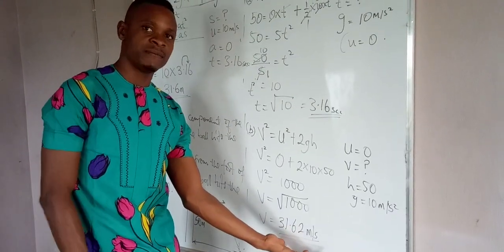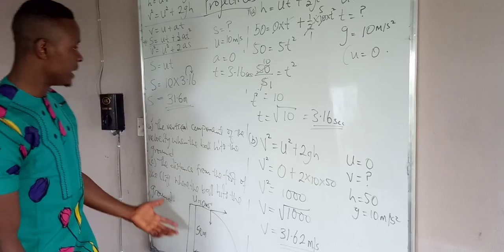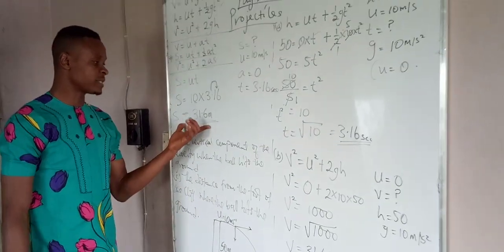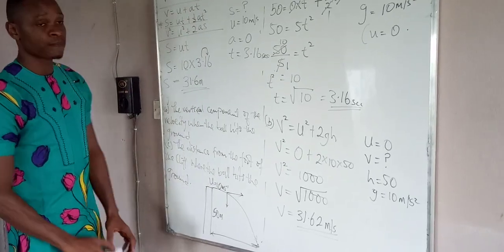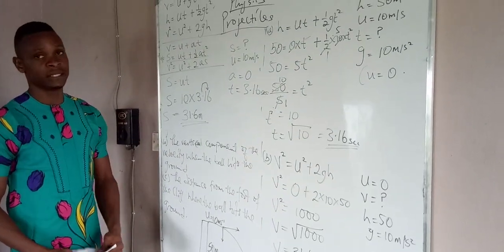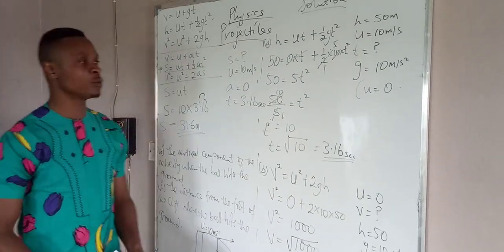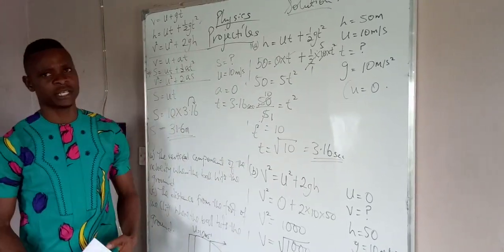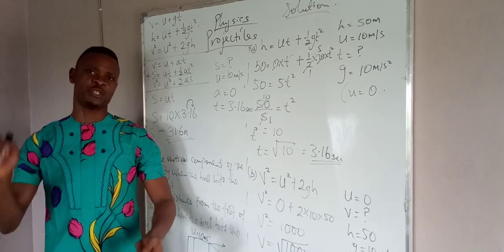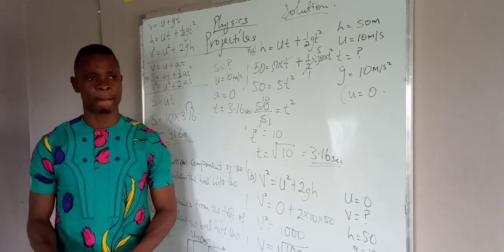So far we've seen the time taken to get to the ground level, then the maximum velocity it attains vertically, and the total distance from where it was projected to where it landed. So with this, we've been able to tackle one problem under projectile motion, where a body is thrown off from a height.